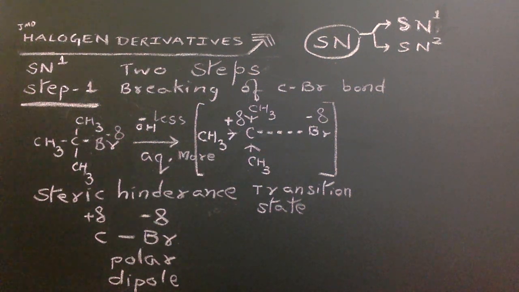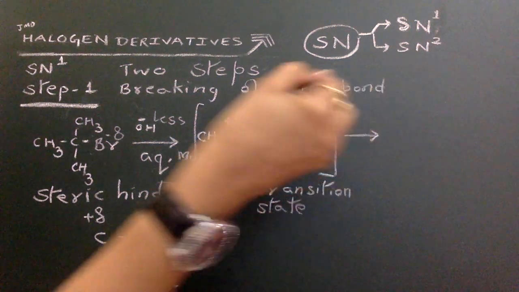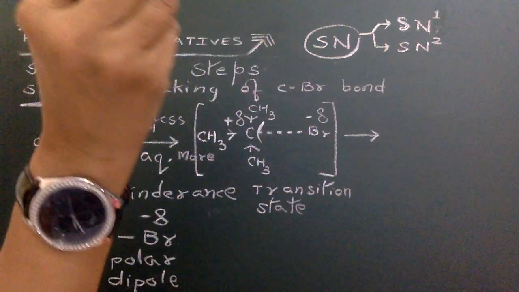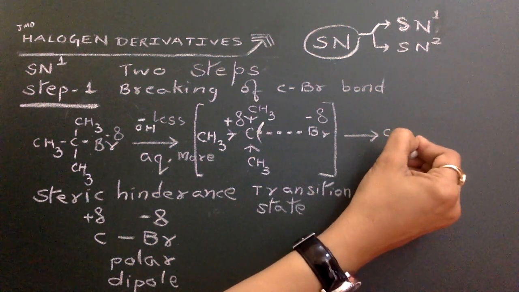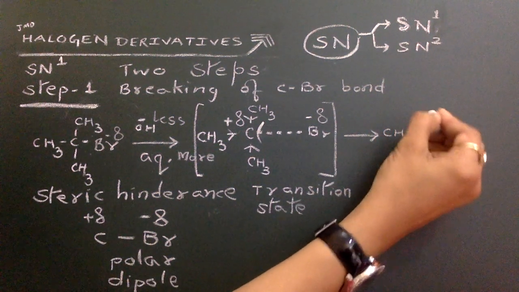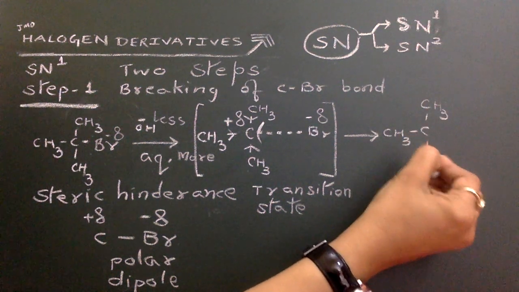Now children, finally, the CBr bond breaks, cut, and we get a carbocation, that is the tertiary butyl carbocation, which is formed in step 1.